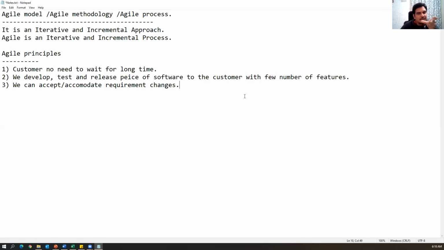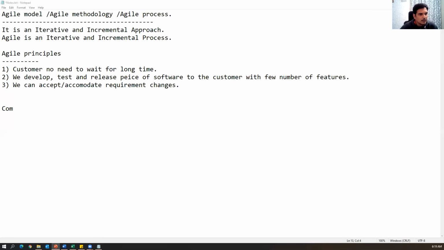And in the agile process, there will be good communication between developer, QA and customer. They collectively work towards one goal. It is not like other models such as the waterfall model. Here the communication will be good and we can directly interact with the customer, developers, testers or product owners. Everybody sits together and communicates, and multiple meetings will be conducted, so communication will be very very good in the agile process.